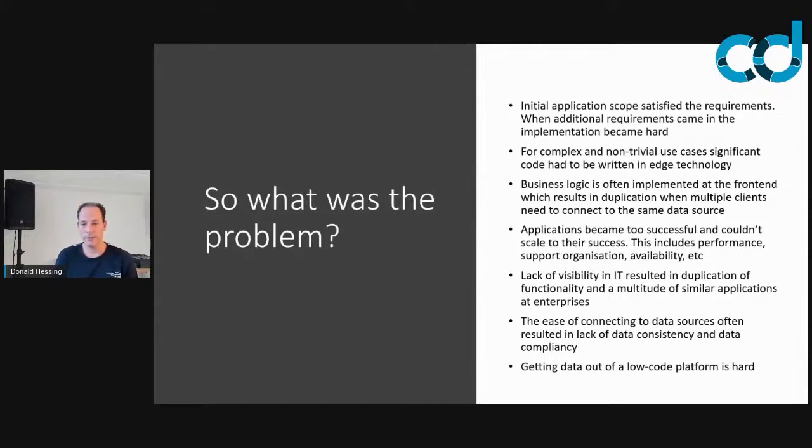Let's say if one connection fails, for example. So transactional or relational data often comes with that challenge. And then lastly, if we want to move to a more enterprise-grade solution, quite often it's hard to get the data out of that system.